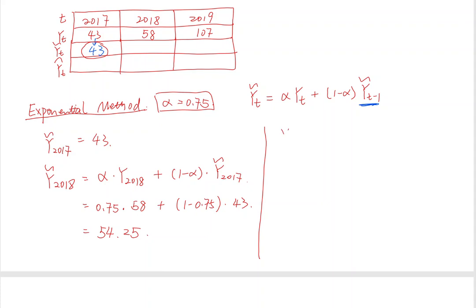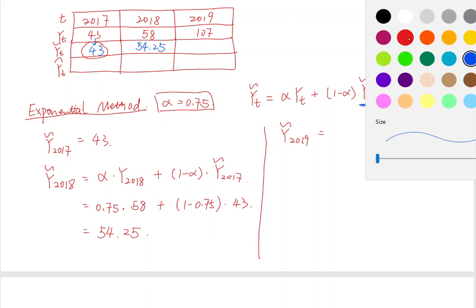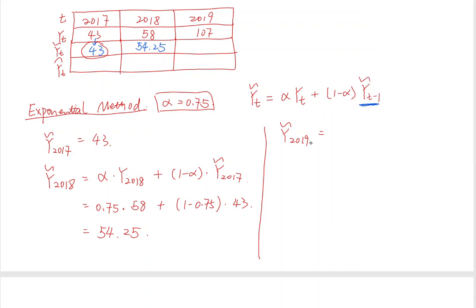Next, what is the estimated value for 2019? The same thing, right? Let's enter the estimated value for 2018, which is 54.25. So the estimated value of 2019 will be alpha, which is 0.75, times the current value.